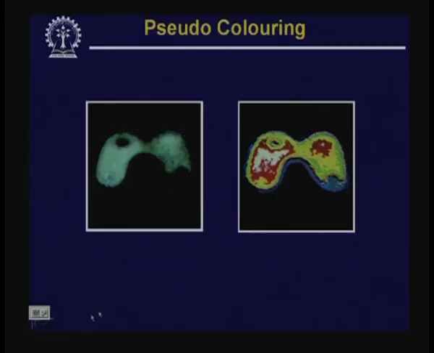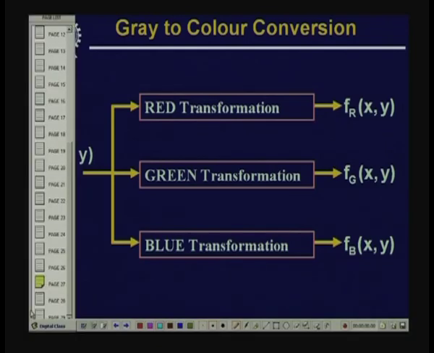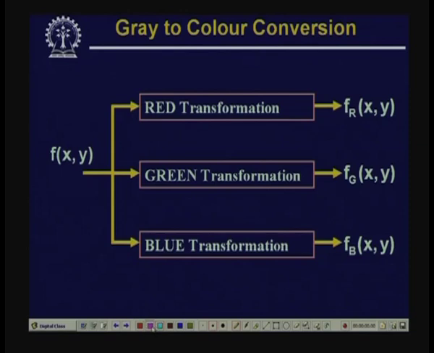That kind of gray to color transformation can be done by using this type of transformation functions. So, here you find that our input image f x y is an intensity or grayscale image.